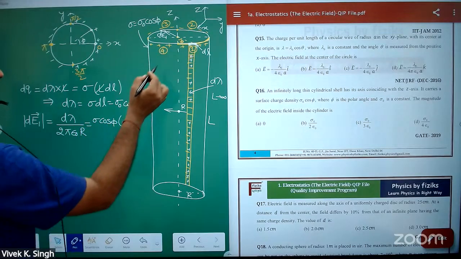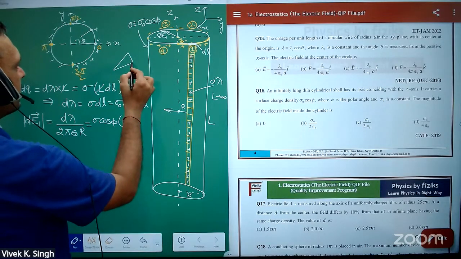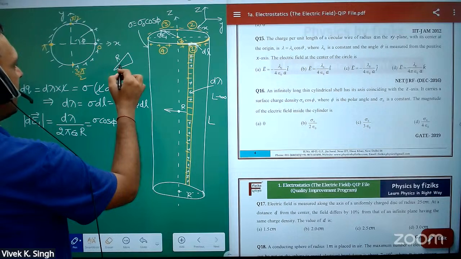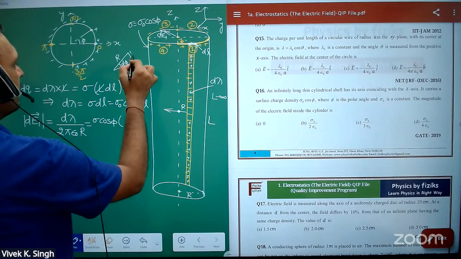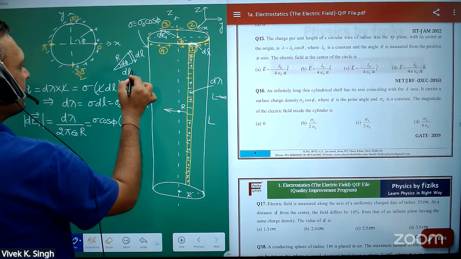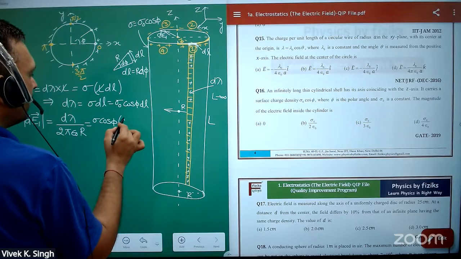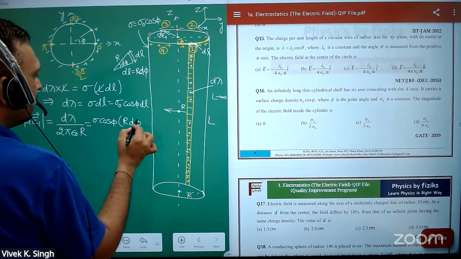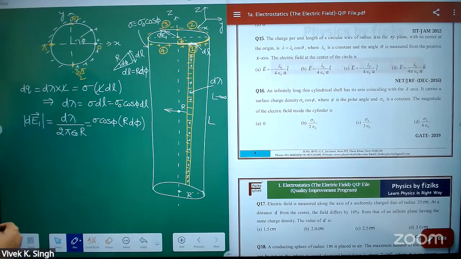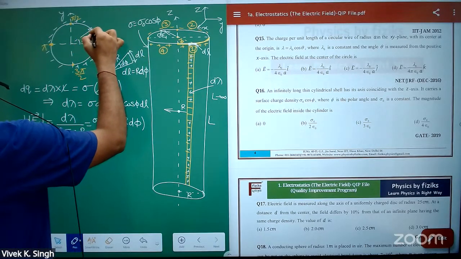And what is dl? Just see, you can write dl as, if this is r, this is d phi. This will be dl. So dl is r d phi. I am showing this cross section. This is dl here.